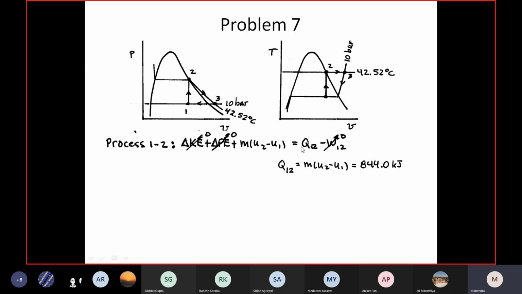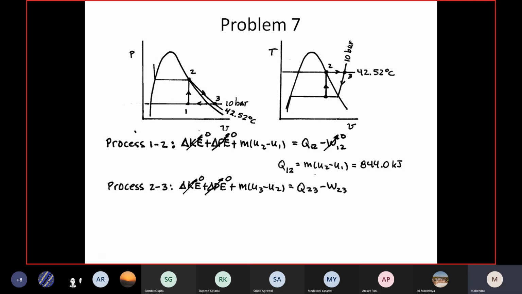Process 1, 2, U1, U2 you have calculated. Since that was a constant volume process, work is 0, internal energy you have calculated. Then heat transfer we are calculating over here.